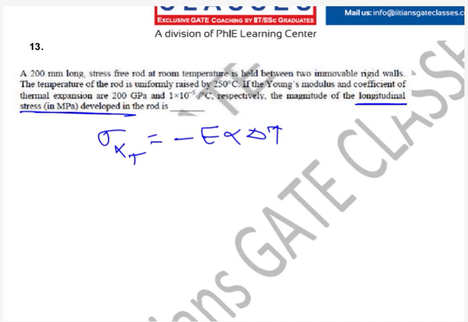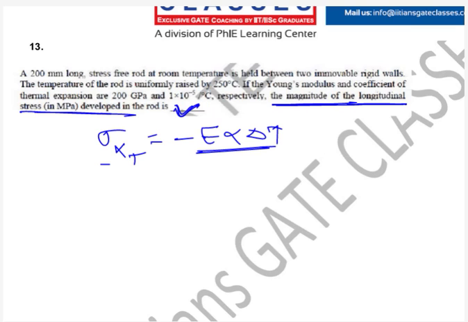Sorry, they asked magnitude. So that means the value should be positive. When we substitute here, the value should be positive. Whenever they ask magnitude, you must provide a positive answer. You should not put negative.